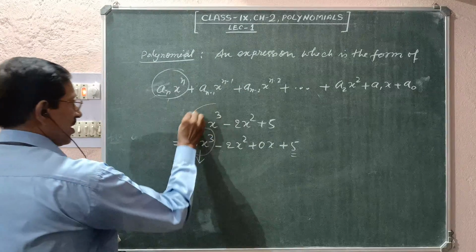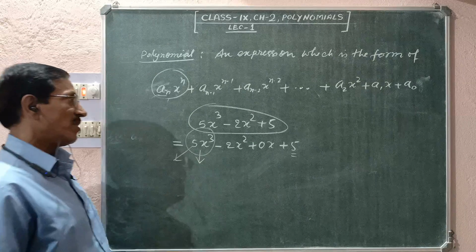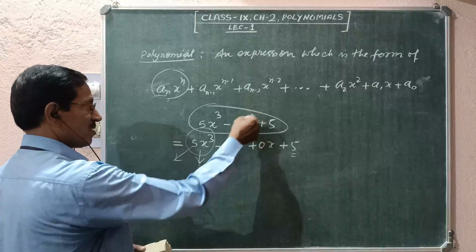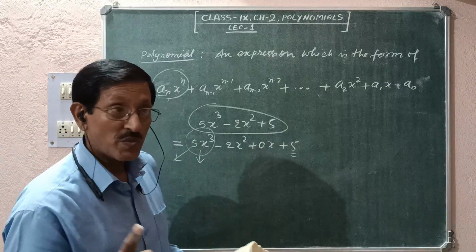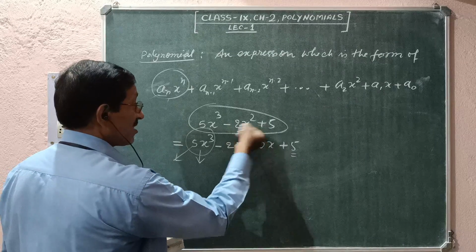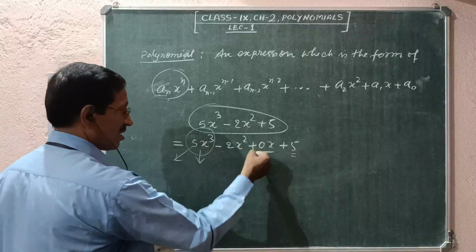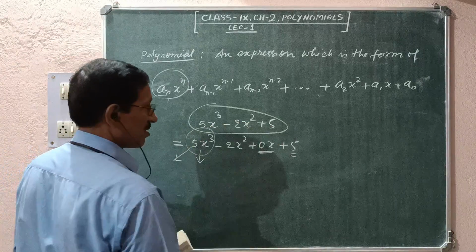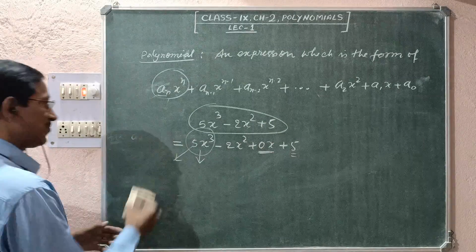If this expression is written in front of you, and I ask you what is the coefficient of x cube, you will say 5, the coefficient of x square minus 2, and the coefficient of x? The x term is not in this, so we write it like this and understand that the coefficient of x is 0. If any term is absent, then its coefficient will be 0, and 5 is a constant term.